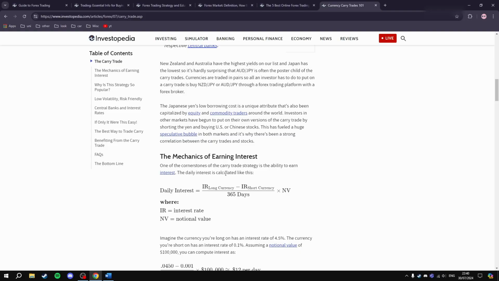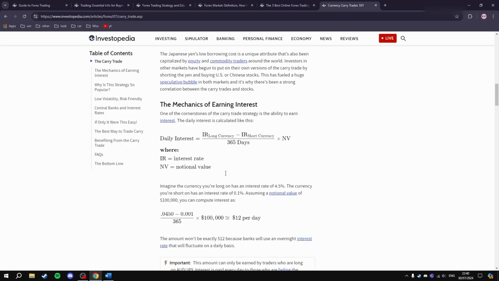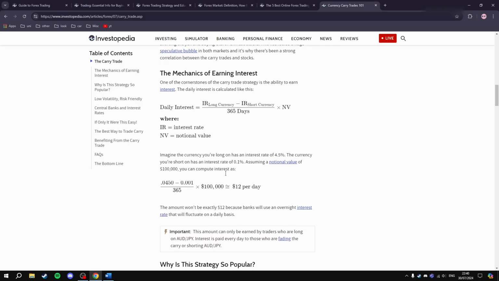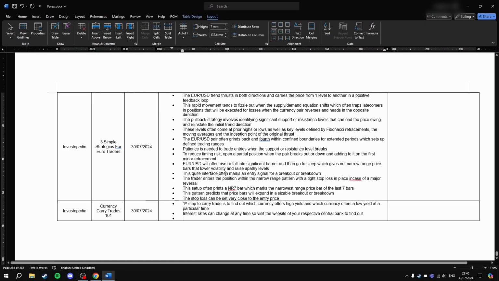This has fueled a large speculative bubble in both markets, and it's why there's been a strong correlation between the carry trades and stocks.